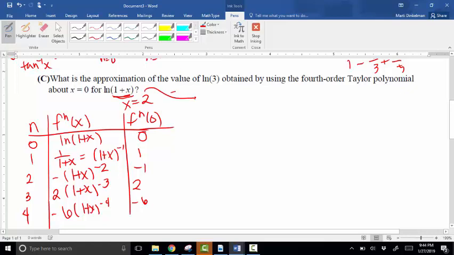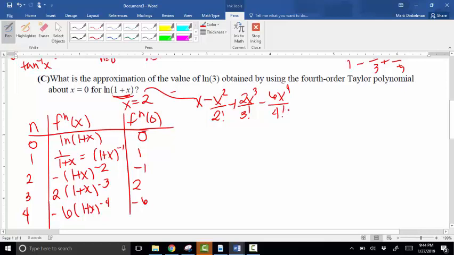Okay, so the polynomial for this is going to be, well, there's no 0th term, so let's start with the x to the 1 term. It's just a 1, x to the 1 over 1 factorial, minus x squared over 2 factorial, plus 2x cubed over 3 factorial, minus 6x to the 4th over 4 factorial.